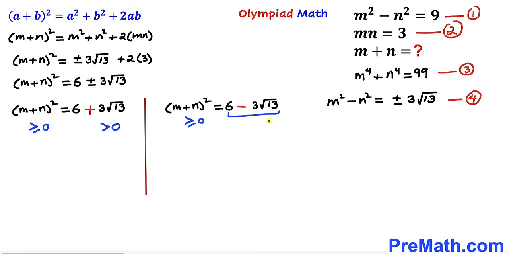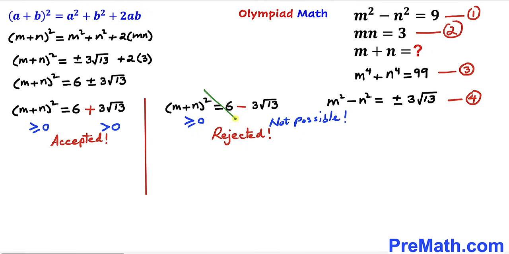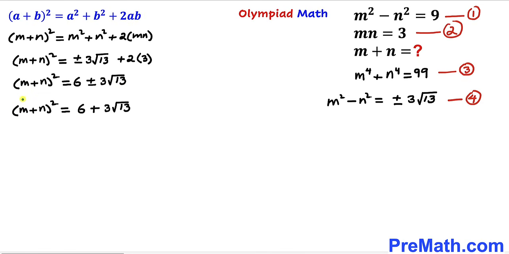That is going to give us a negative value, which means less than 0. So therefore we can see this is a false statement. That is not possible. So therefore we are going to reject this scenario, and we are going to accept this scenario. So thus our (m plus n) whole square value turns out to be 6 plus 3 times square root of 13.